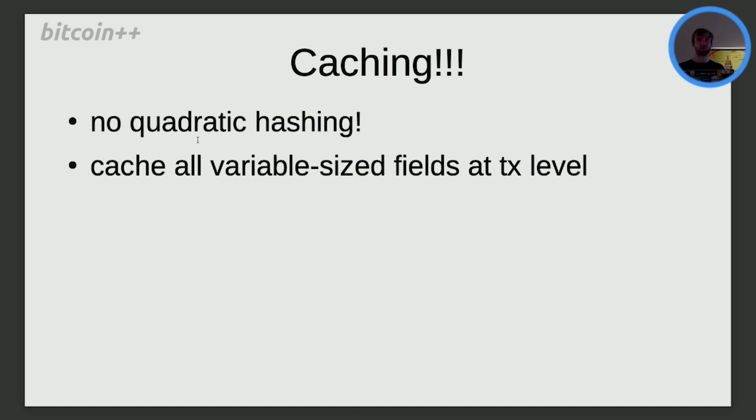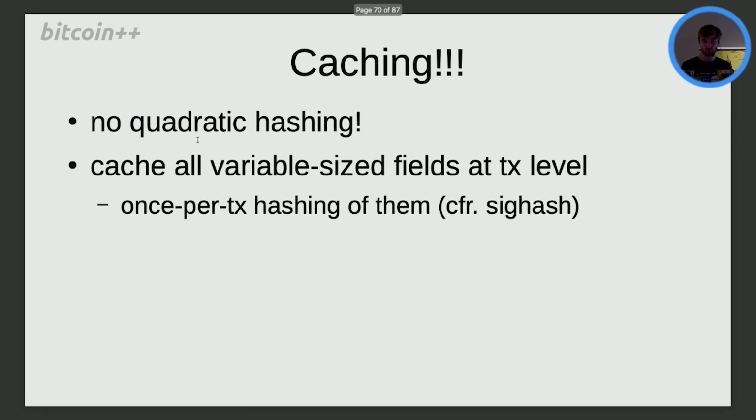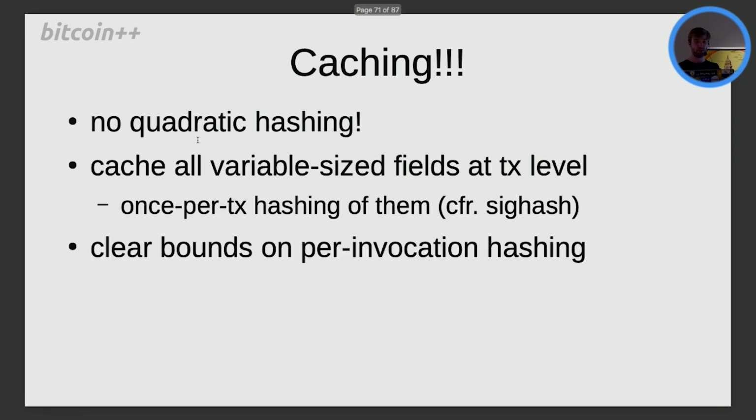Every time, for any transaction, you just pre-calculate all those hashes. For the SIGHASH, this can be done lazily. So every one of those items you only hash once. And then after you have hashed all the big items once, the amount of data you're going to hash for each invocation has really clear bounds, because the amount of inputs you can select is bounded.